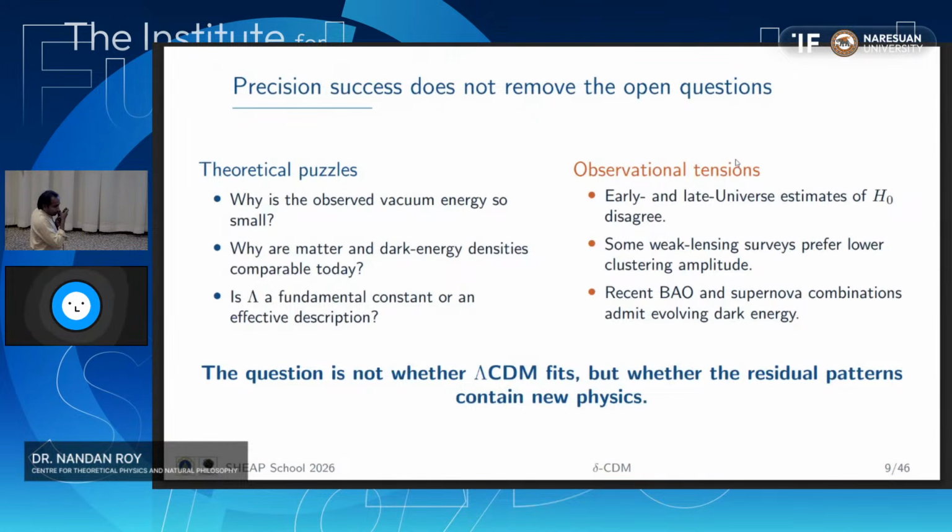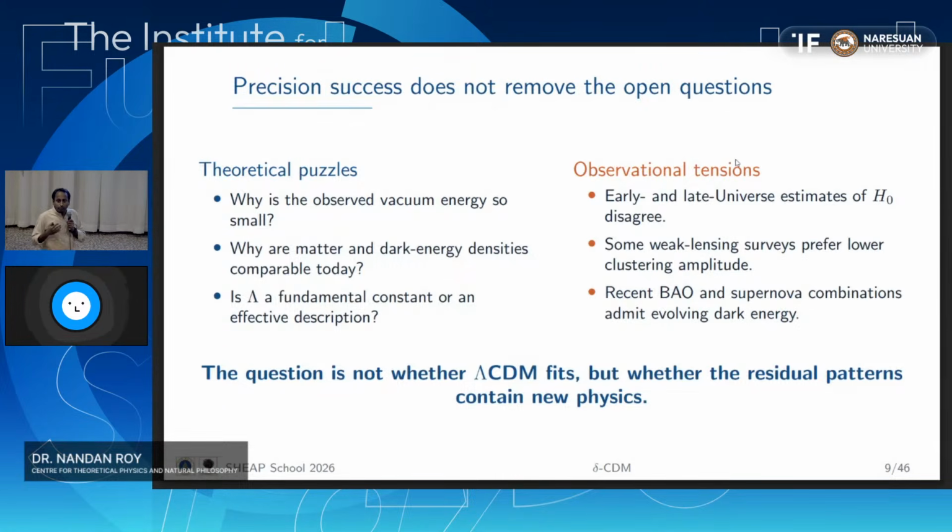Even though lambda fits the data so precisely, there are some problems with the cosmological constant, and they come from both the theoretical side and the observational side. From the theoretical side, the puzzle is why the observed value of the cosmological constant is so small.